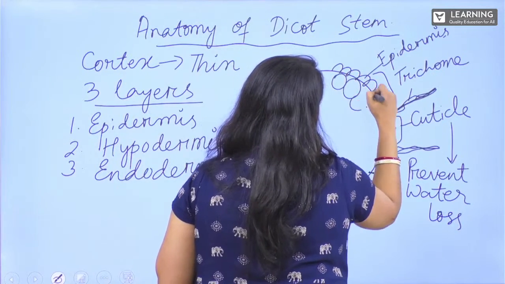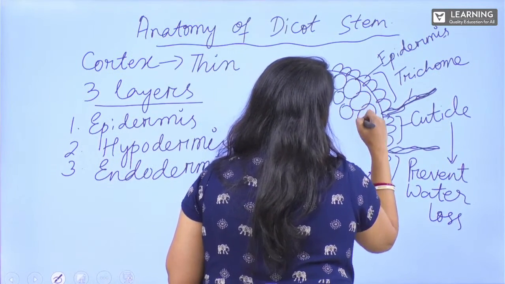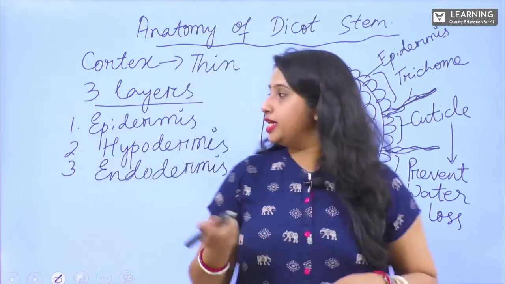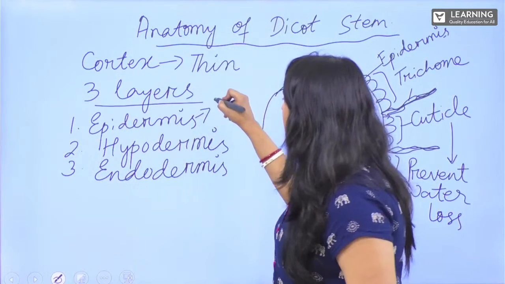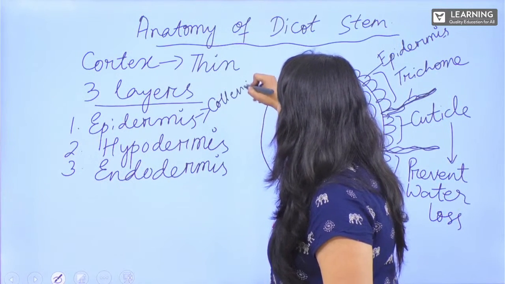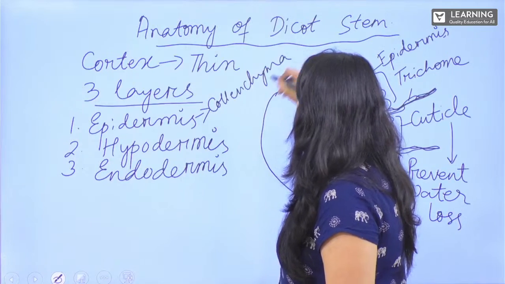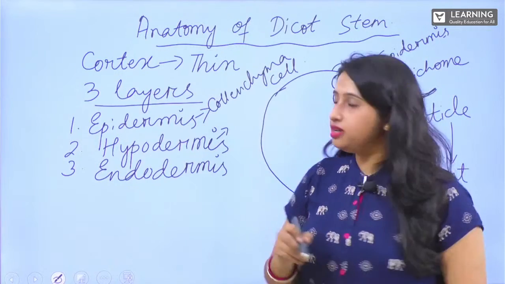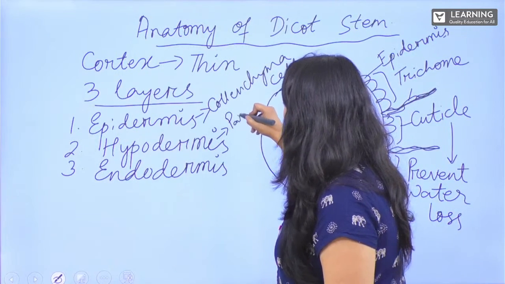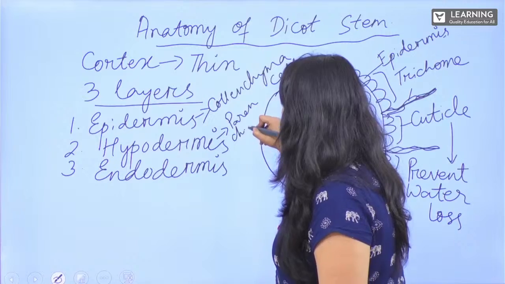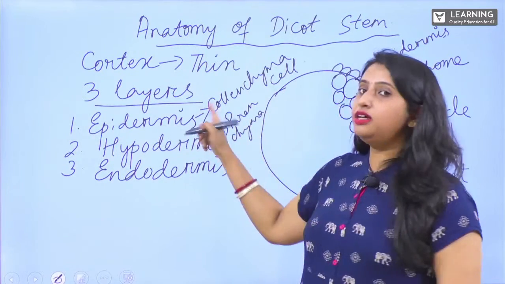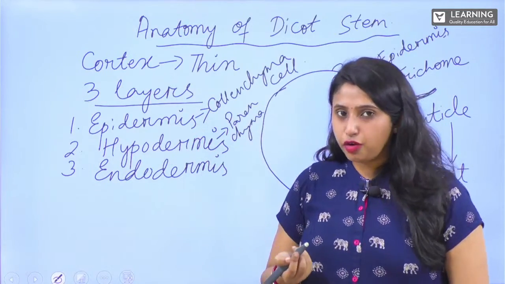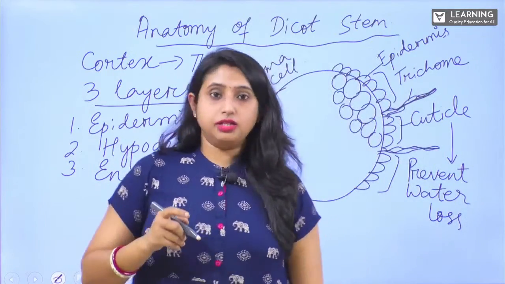This layer, the epidermis, is made up of parenchyma cells, and the hypodermis is also made up of parenchyma cells.